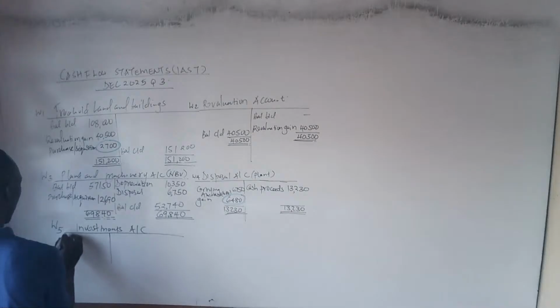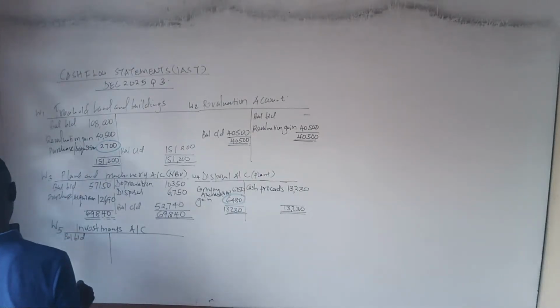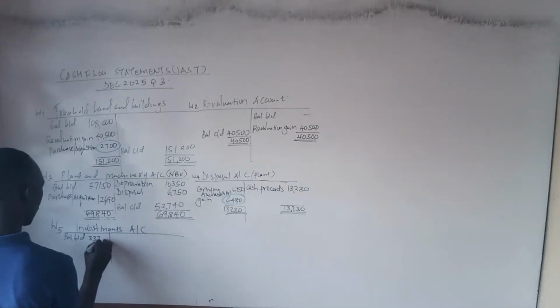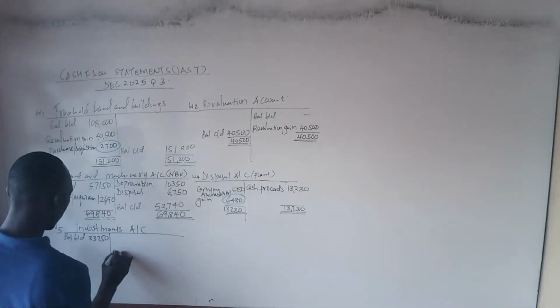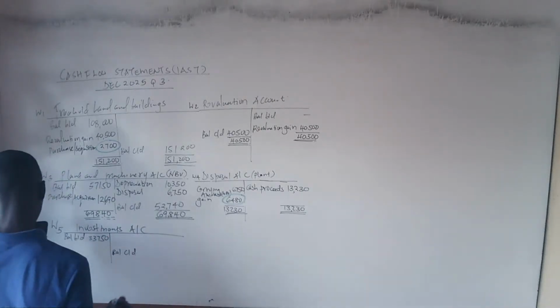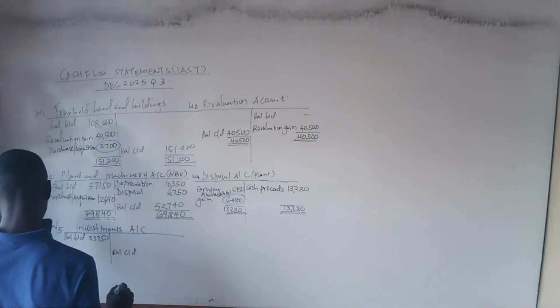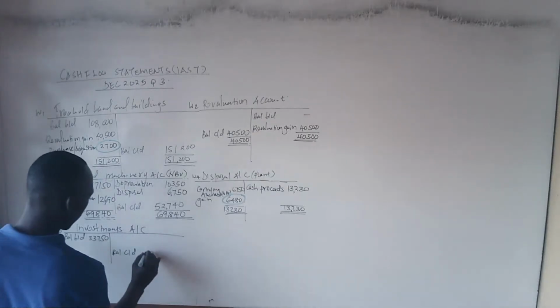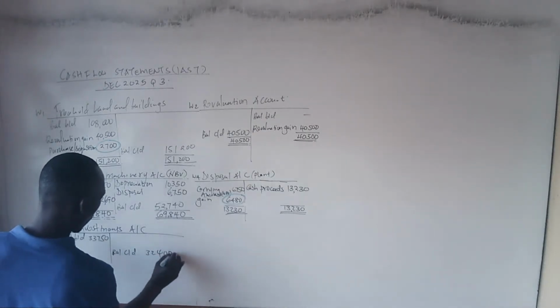Then here we have the balance brought down, because we are still talking about the asset, of 33,750, and then we have the balance carried down of 32,400.